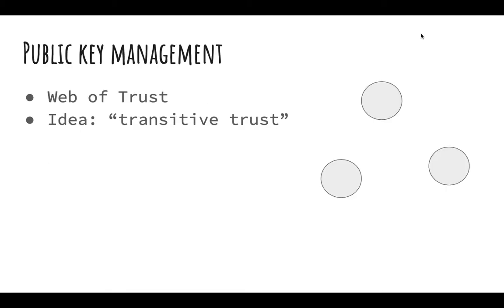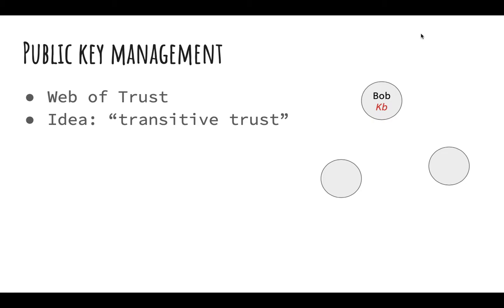Unlike the use of certificate chains in S-MIME, the Web of Trust is used for public key authentication. The idea behind the Web of Trust is simply making trust transitive. The users in the network are allowed to sign the public keys of other users whom they trust. For example, Bob declares that the public key KB is his public key.